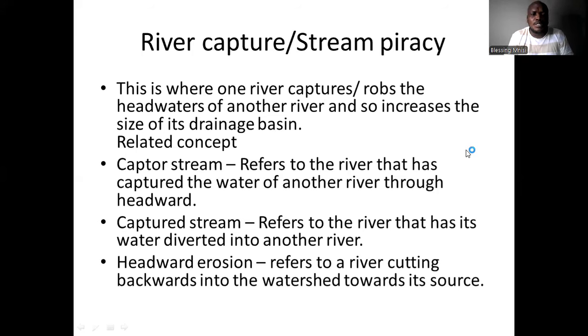So the capture stream is the river that has captured the water of another river through what? Through headward erosion. And then the captured stream refers to the river that has its water diverted into another river.